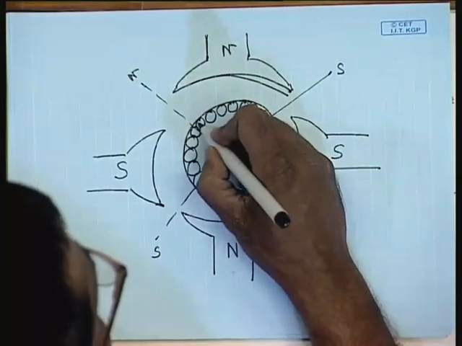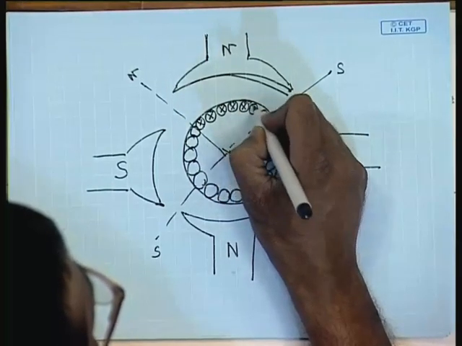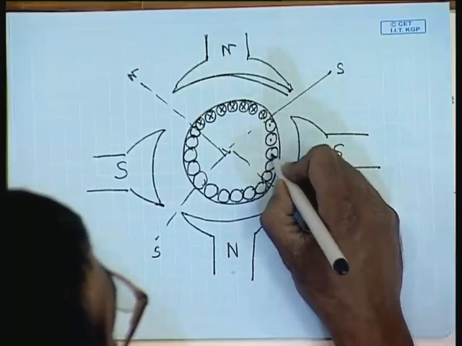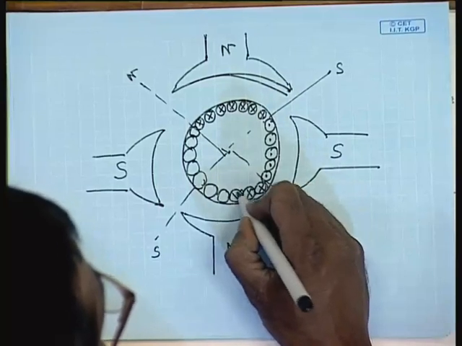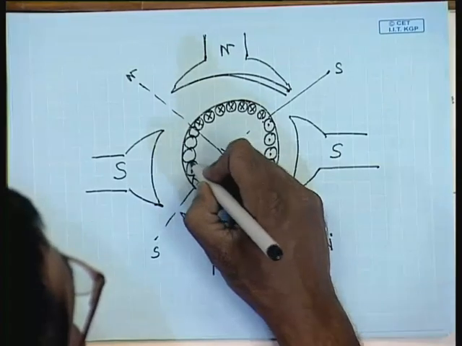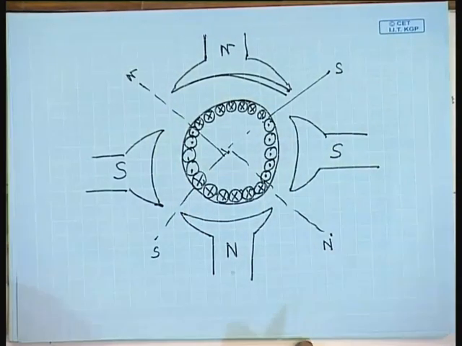That is, if these are cross from one pole, these should be dots, then again cross, then again dot. So, the armature must also be wound for the same number of poles as the number of poles on the stator, otherwise a steady torque will not be generated.